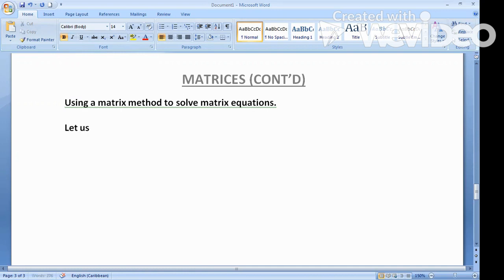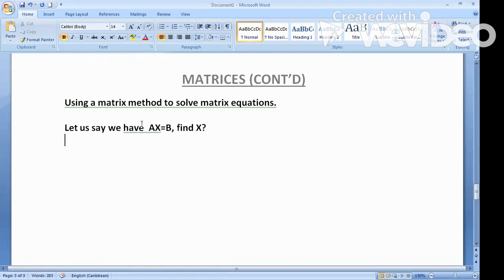Let us say we have AX is equal to B. Find X. That's the question.